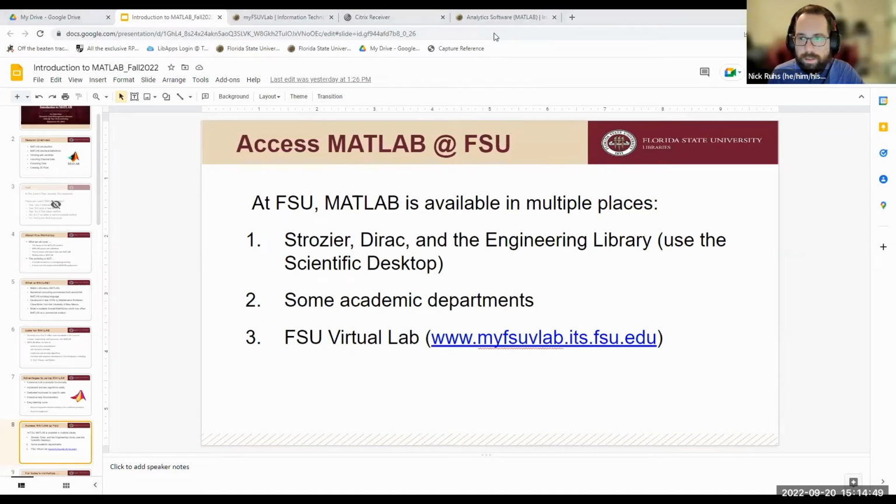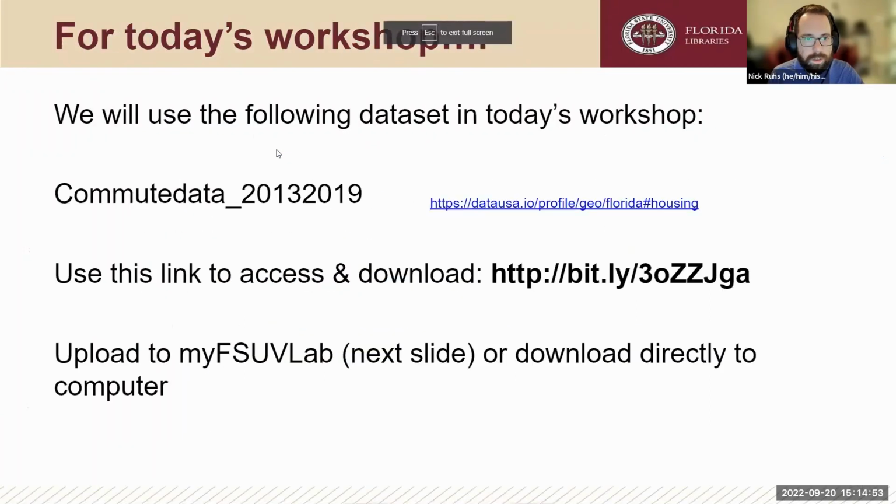All right, now I'm going to go back to my slideshow. Now that we know how to access the software, I'm just going to briefly mention I will be using a data set for some of the examples in today's workshop.